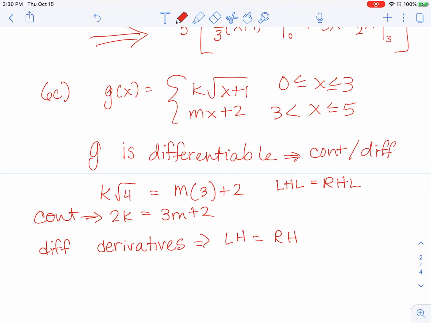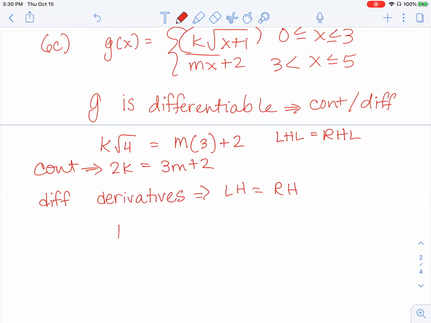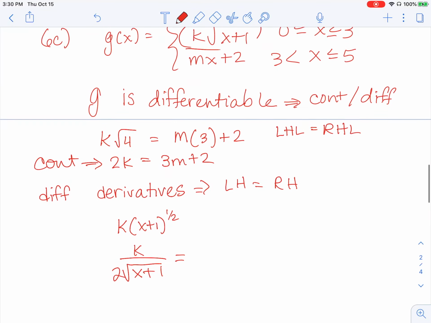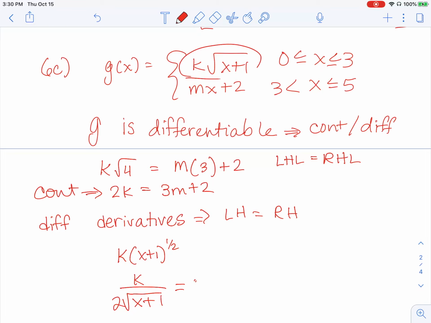The derivative of this, k is a constant, so that's k times x plus 1 to the 1/2, and when I take that derivative, I get k over 2 square root x plus 1, which has to be equal to the derivative of the other side, which is just m.